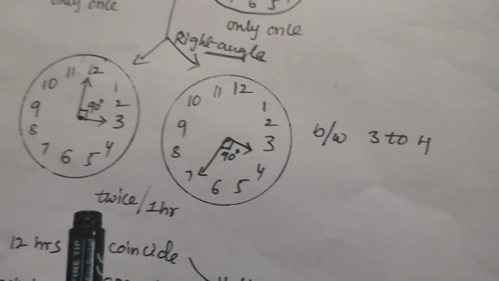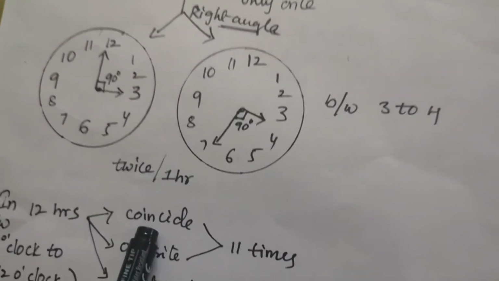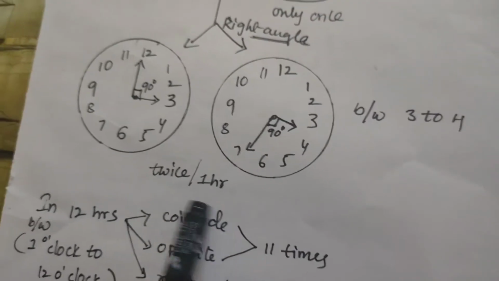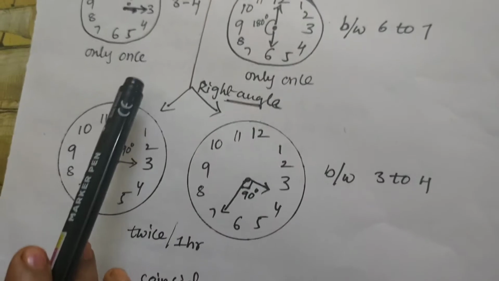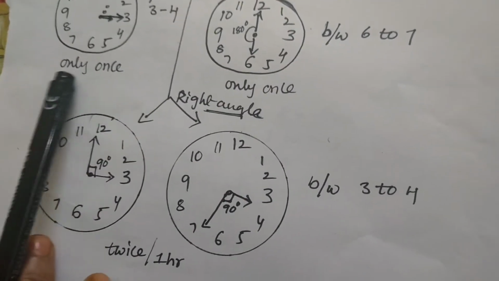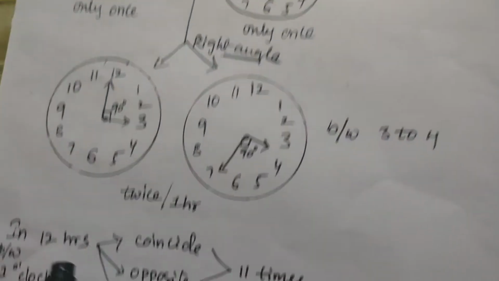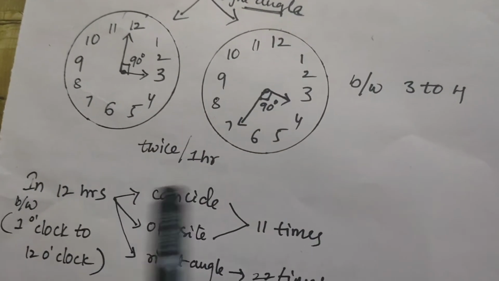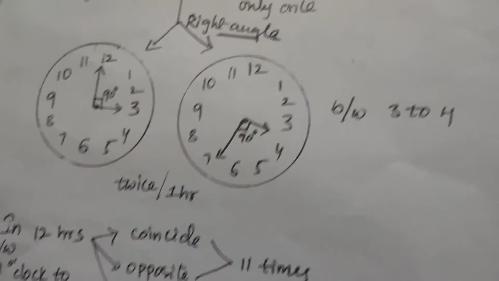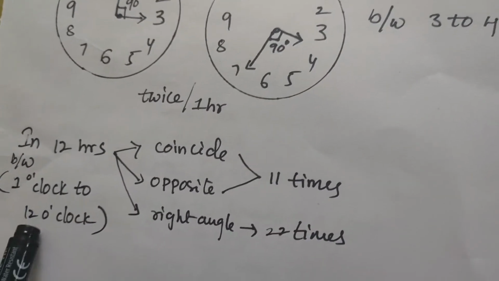Okay, so the hands coincide. In 12 hours, how many times will they coincide? In 1 hour they coincide only once. So in 12 hours, what is the time period? We have to take the time period as 1 o'clock to 12 o'clock.